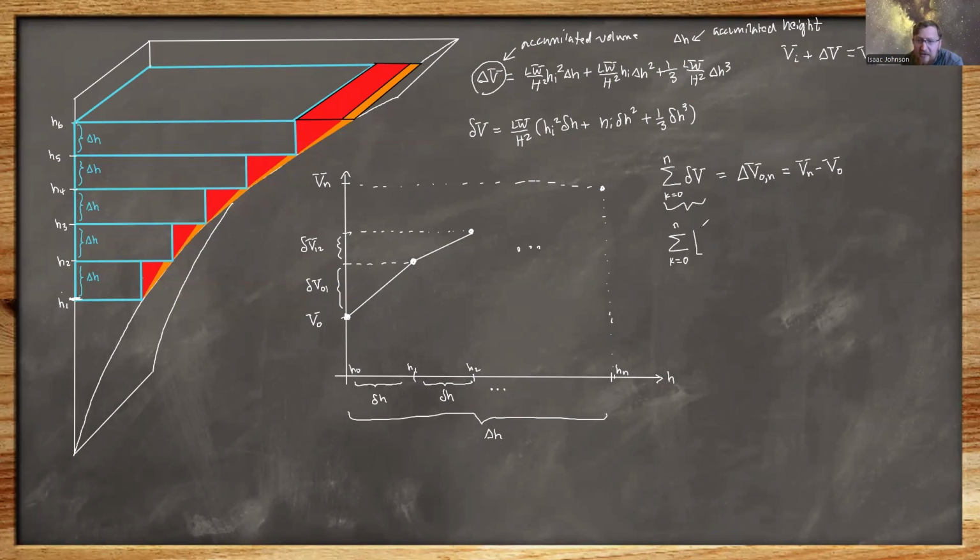So what we'll do next is I'll fill in what dV is. Well, actually, maybe even before that, I'll say, is delta V any different than delta V over delta H times delta H? Are my finite differences in such a way that that works?